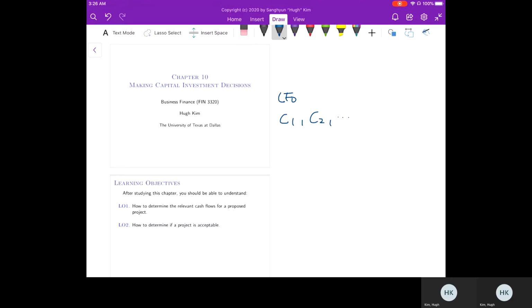But the question is, how do we determine these cash flows from the project? This is what we're going to focus on in this chapter. We're going to learn how to determine the relevant cash flows for a proposed investment project so that we can decide whether or not we should undertake it.